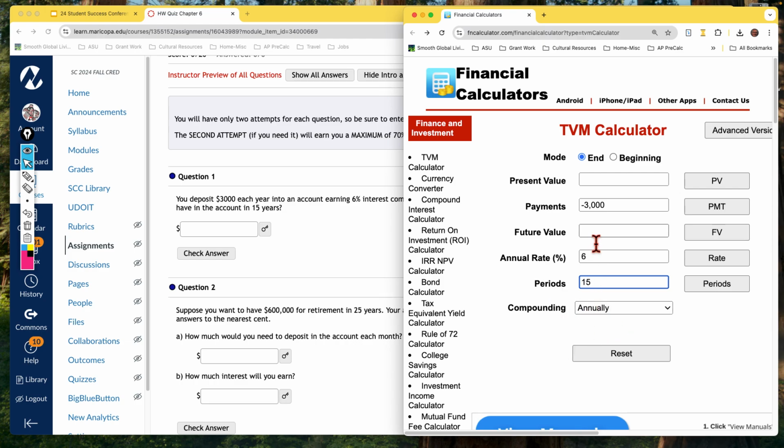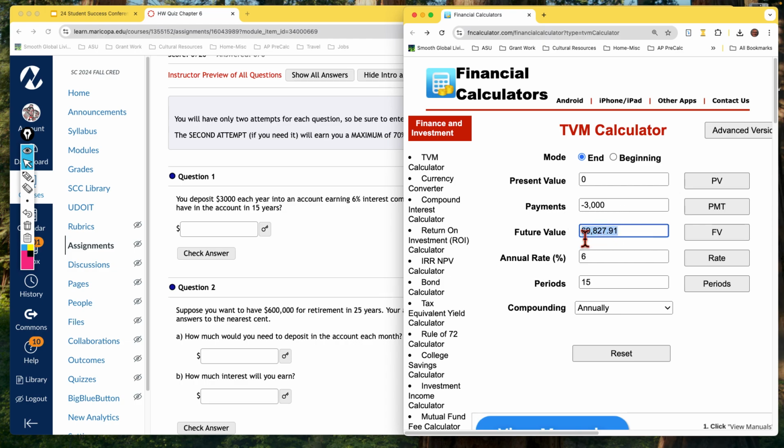We're wanting to calculate future value. So what's our present value? I think it's okay if you just left it blank, but I like to fill it in that we know that that's 0. What we're solving for is how much we will have in the future. So we just click on the future value button and it calculates that we will have $69,827.91. What I like here is we can actually copy.